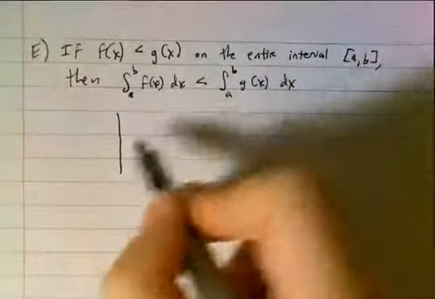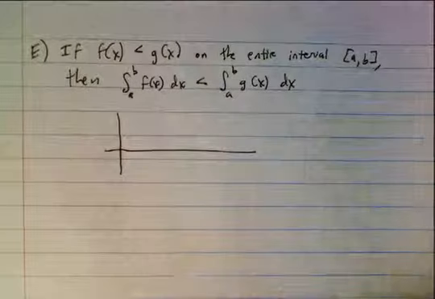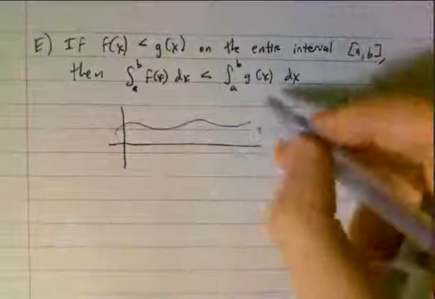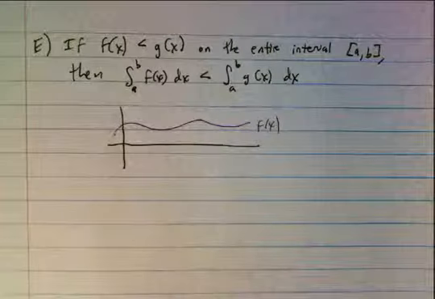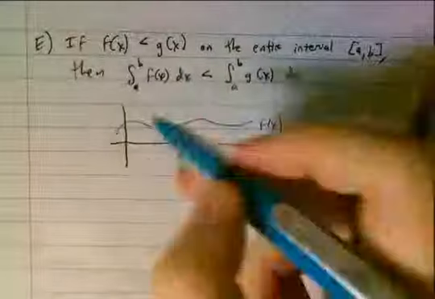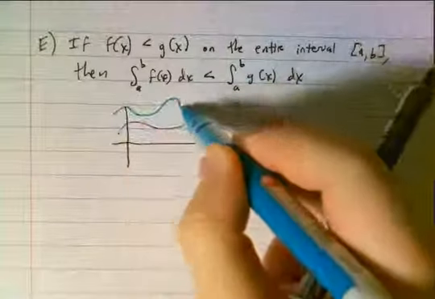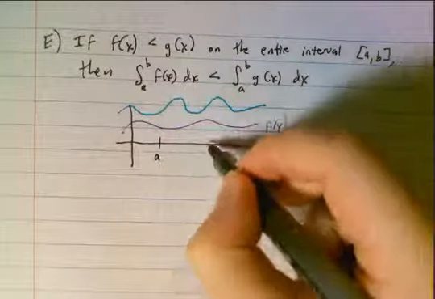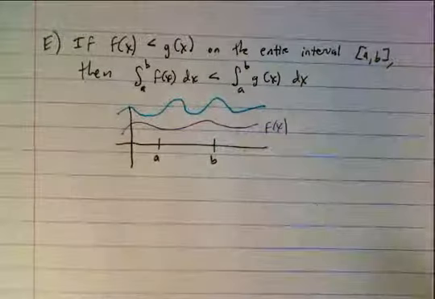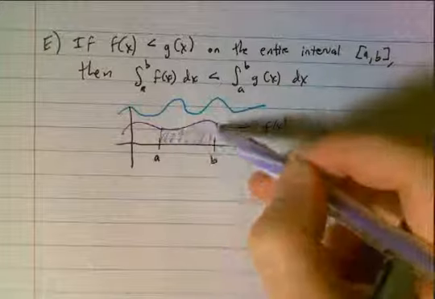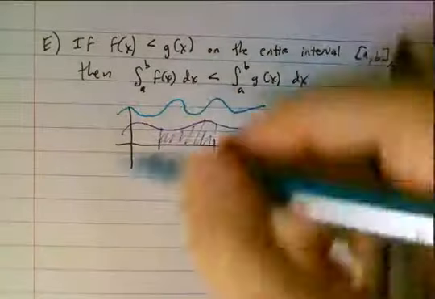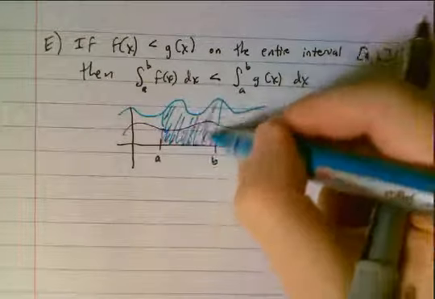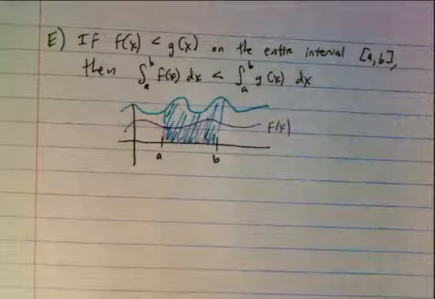Basically what we're saying is that if we have some function f and we don't really know anything about it or about g, except that we know that g of x is always, whatever it is, greater than f, then when we do the integral from a to b, this area for f of x is going to be less than this area for g of x.